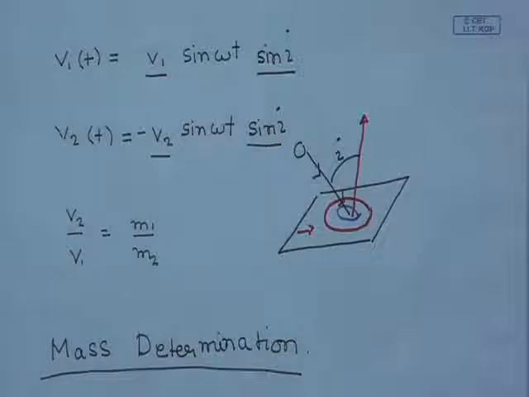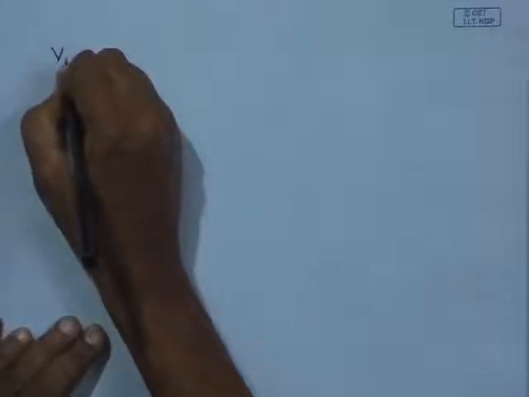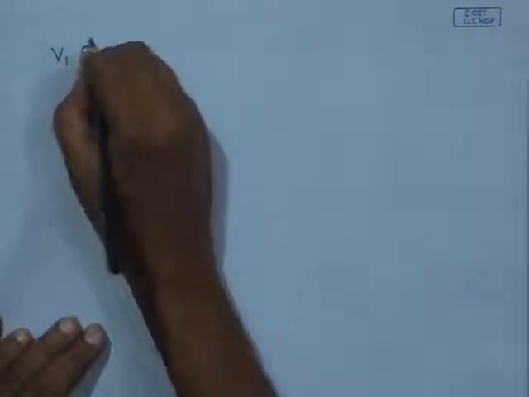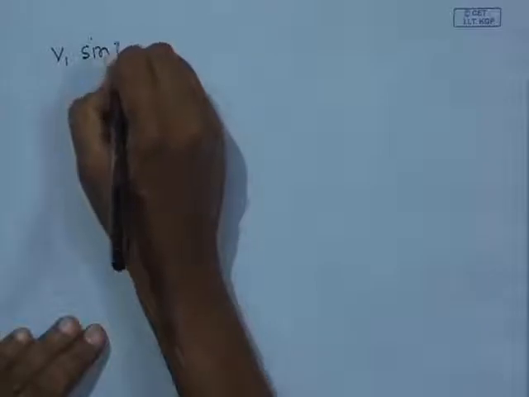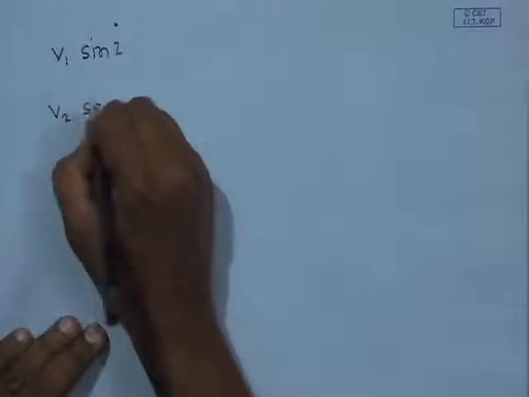So, what the observer can determine from the observations is actually V1 sine I and V2 sine I.